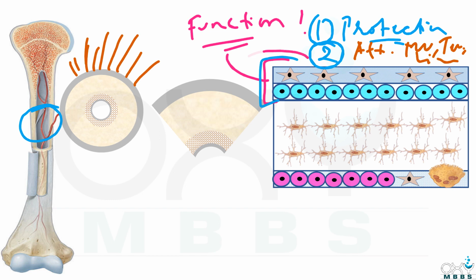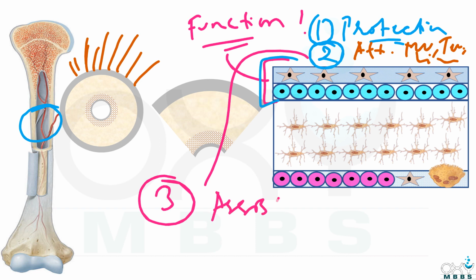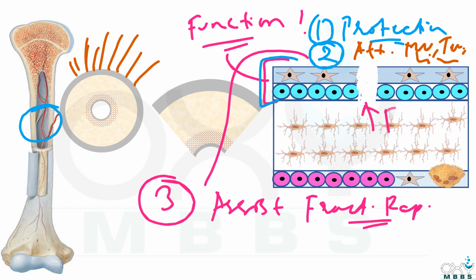The third one is very important. The third one is that the periosteum helps in fracture repair. How? Let's see. Let's suppose a gap is produced in the periosteal layer, and this gap is called a fracture. Now what will happen in the periosteal layer?